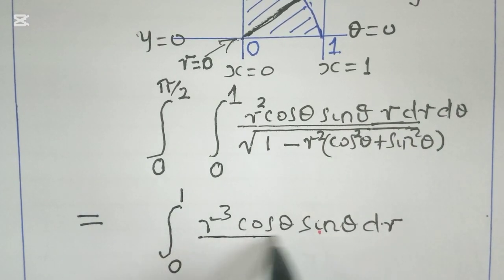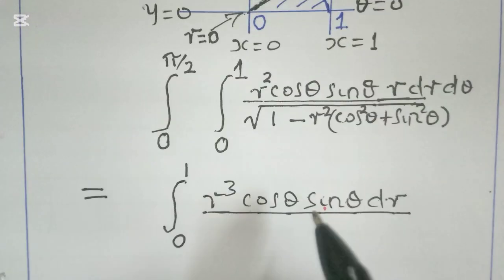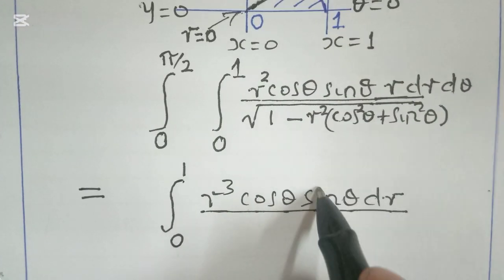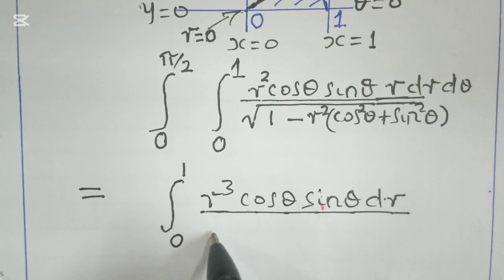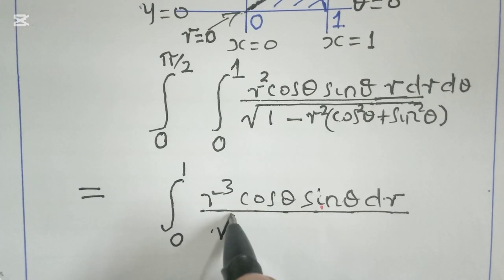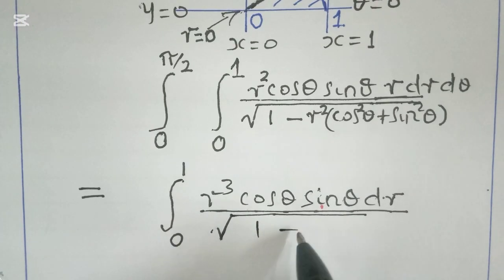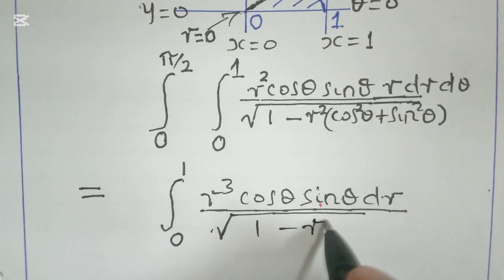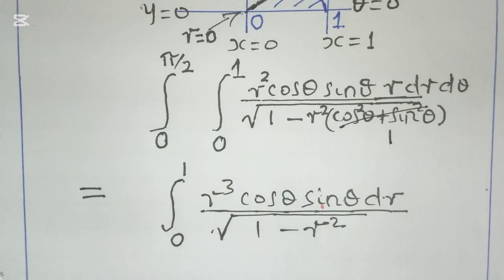At this moment we are doing it with reference to r, so cos theta and sin theta are actually constants. The denominator is going to be square root of 1 minus r squared, because cos squared plus sin squared theta is 1.